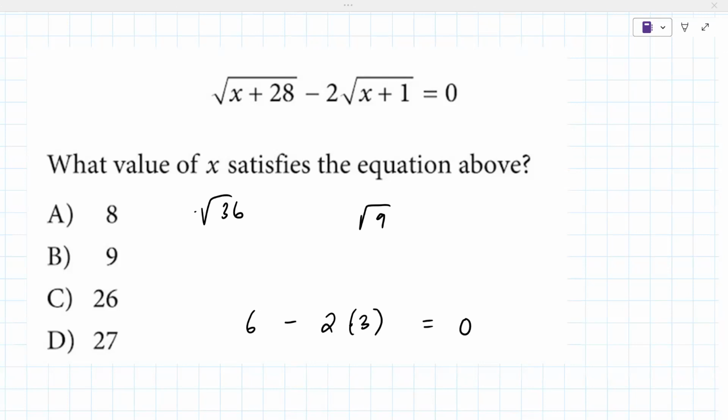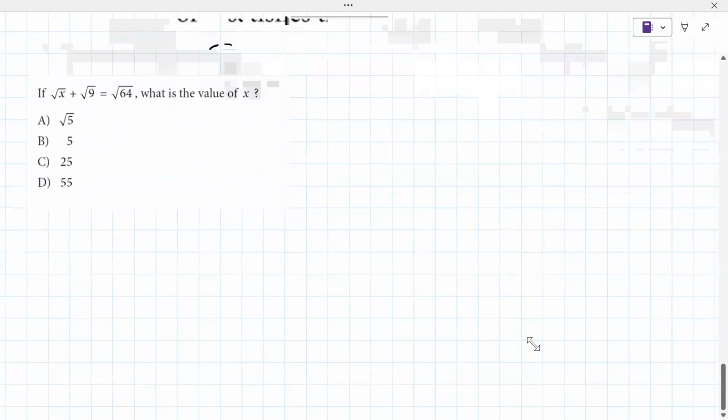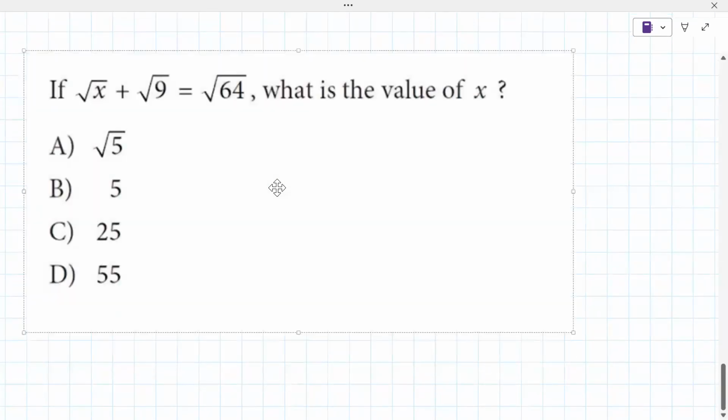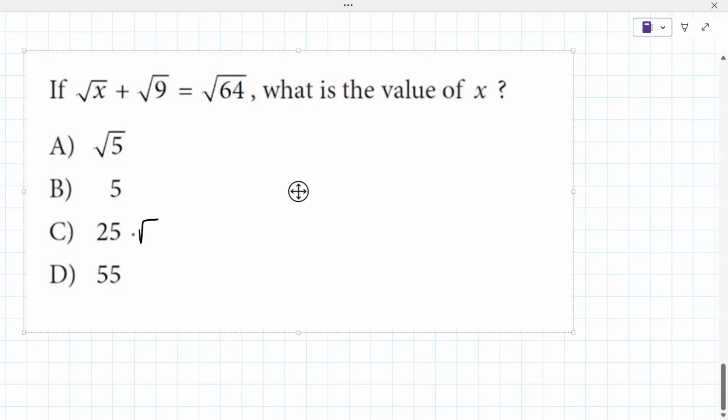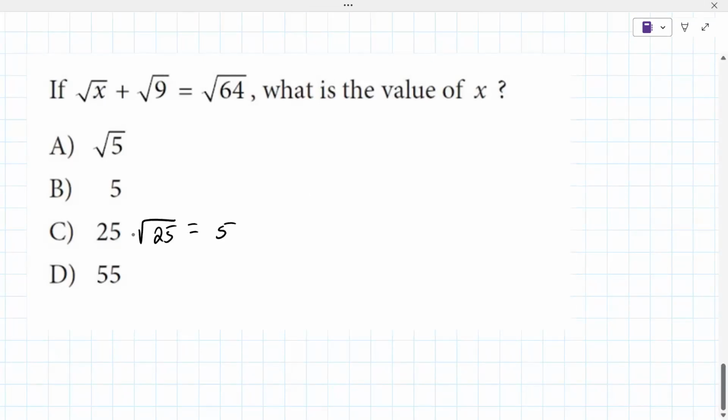Yeah, so here's kind of another one. This one's a little different, but it's kind of the same idea: you have to be able to take the square root of that number. So which of these numbers can you actually take the square root of? No, you can't take the square root of any of these. Square root of 25 is 5.